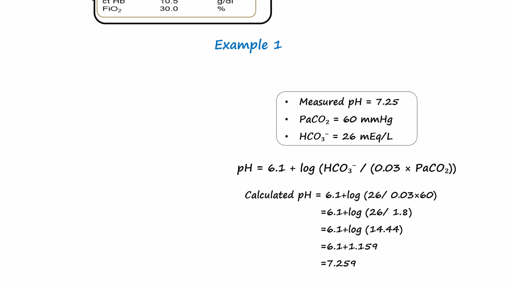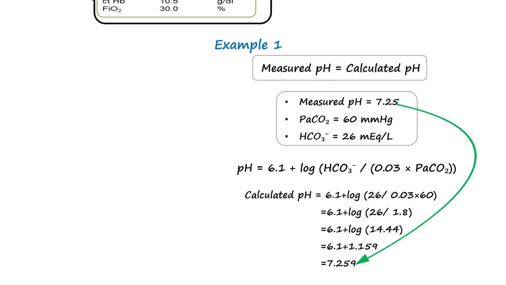Comparing the two, the measured pH is 7.25 and the calculated pH is 7.26, which is extremely close, differing by only 0.01 units. Such a minor difference is considered physiologically acceptable and confirms that the ABG sample is reliable and internally consistent.